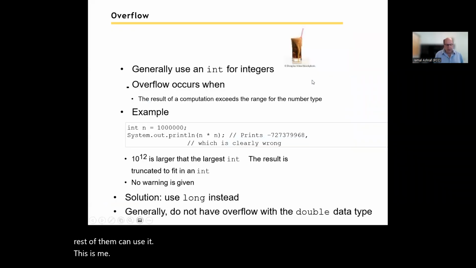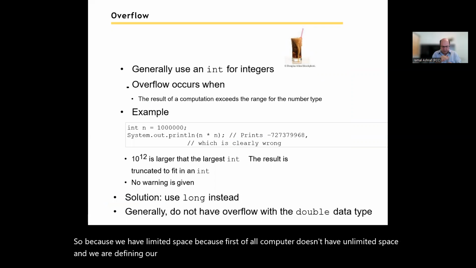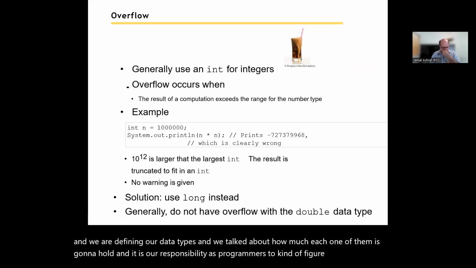Okay, so because we have limited space, because first of all, a computer doesn't have unlimited space, and we are defining our data types, and we talked about how much each one of them is going to hold, it is our responsibility as programmers to figure out how far these numbers go.